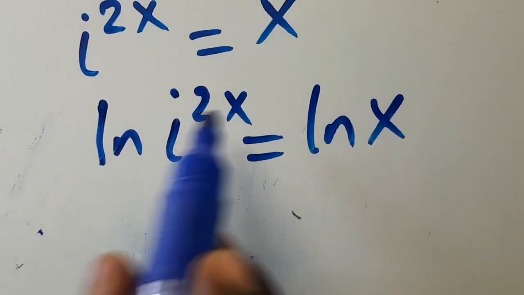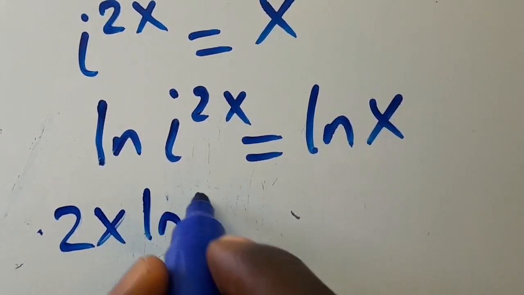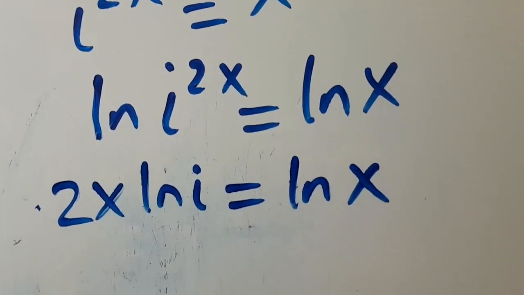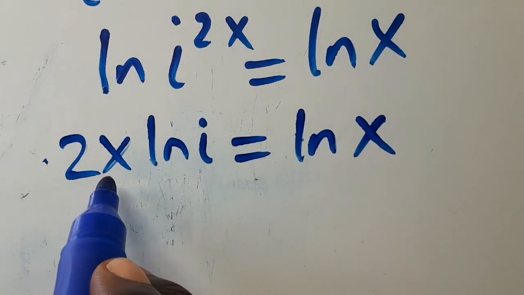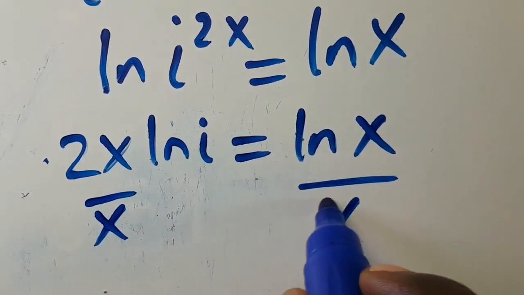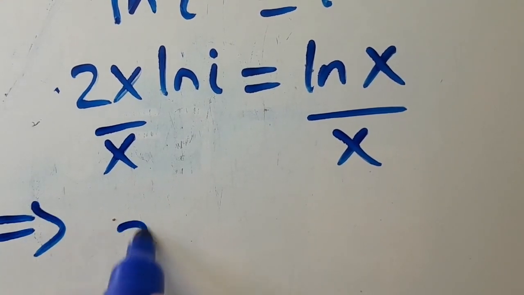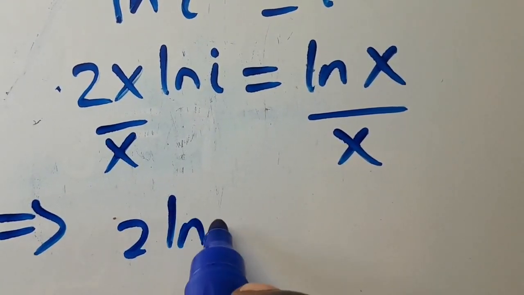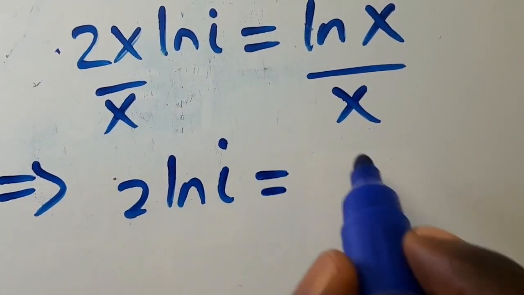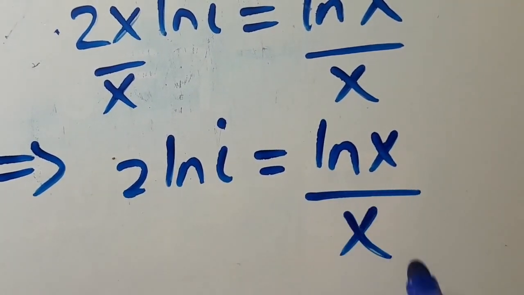Then from here, this power will come down to the base as 2x ln of i equals ln of x. So from here, when we divide through by x, this implies that we are going to have 2 ln of i equals ln of x divided by x.